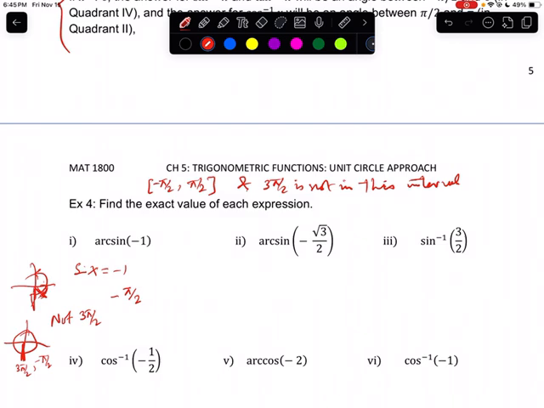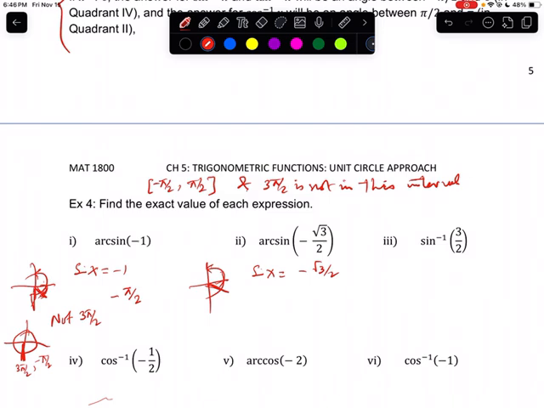Similarly, coming to the next one, sine of x equals negative square root of 3 over 2. Again we have to be in this region. Since it's a negative value, the terminal ray of the angle is in the fourth quadrant.